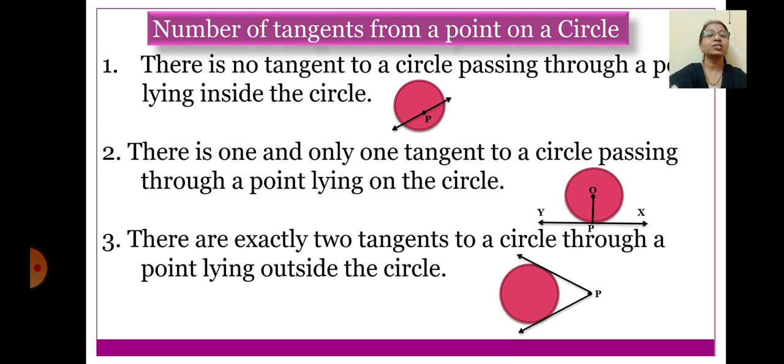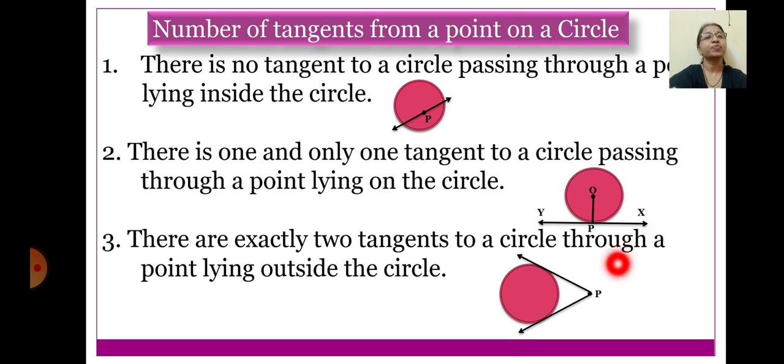Now third position, this time the point is outside the circle. So there are exactly 2 tangents to a circle through a point lying outside the circle.